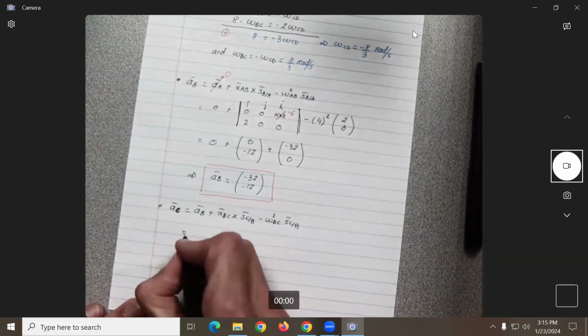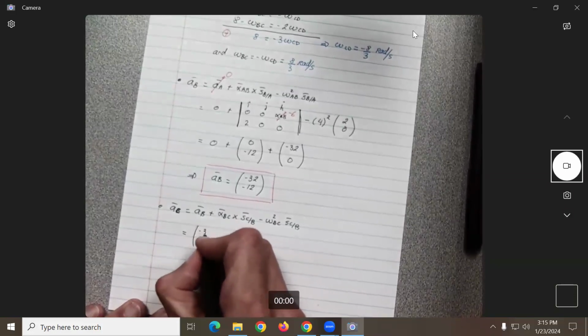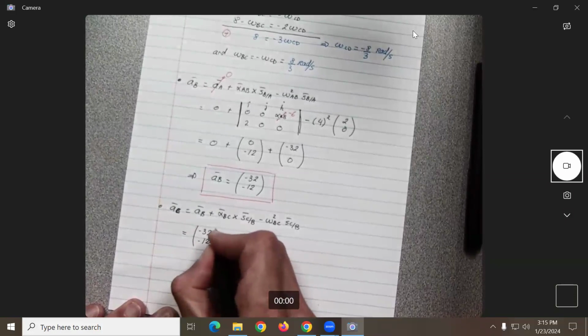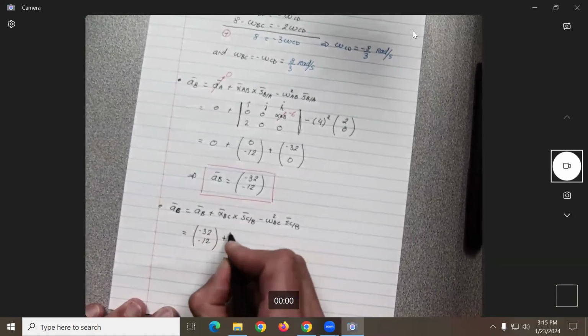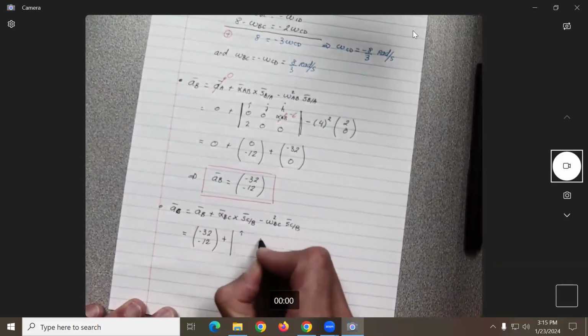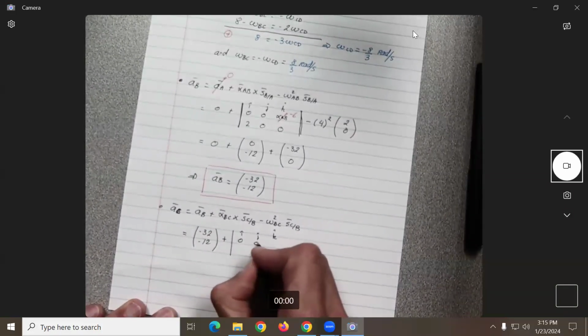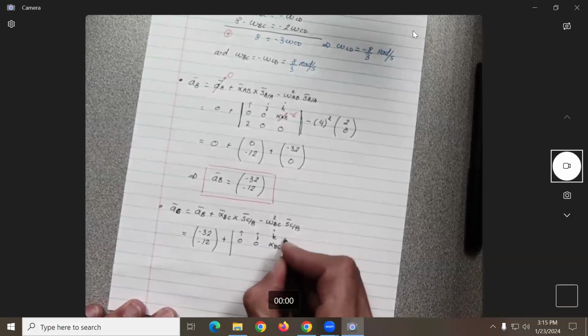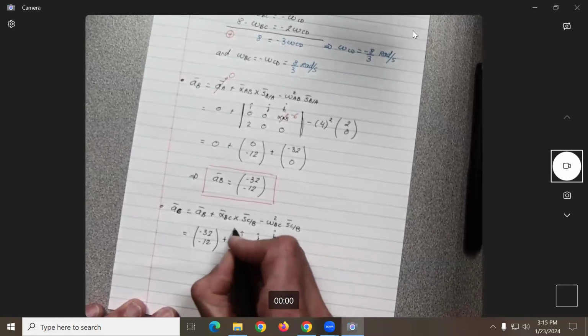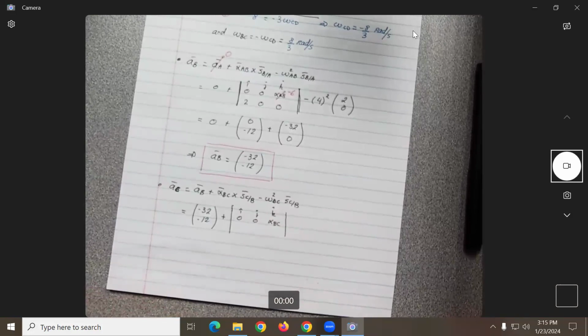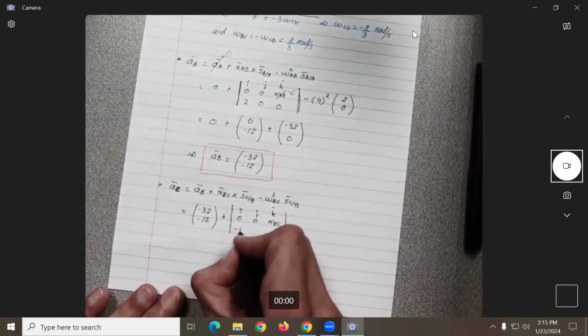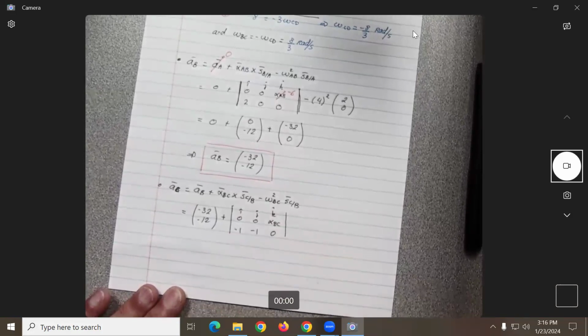What is the acceleration of B? We just found that one. -32, -12. Plus i j k. We don't know alpha BC, but if you look from before, I know I'm going a bit fast because I want to finish it. What is the position of C with respect to B? You can just look at the velocities. What was the position of C with respect to B on the velocities? -1, -1, 0, no? I mean, just be smart.